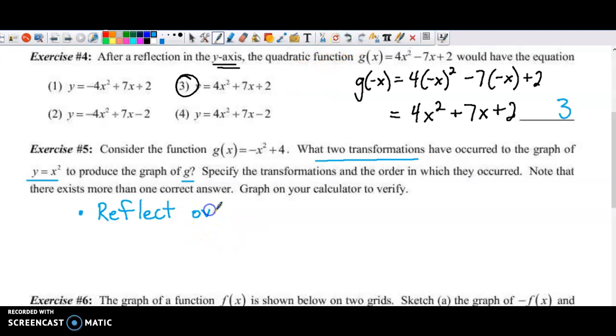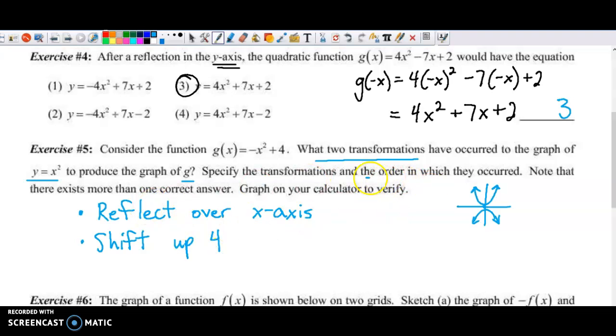When we have a negative in front, you know how it goes from an upwards parabola to a downwards parabola? That is kind of like reflecting over the x-axis. So you can just think of the problem that way, and then shift. Don't forget about your shifts. We did that before. Up 4.